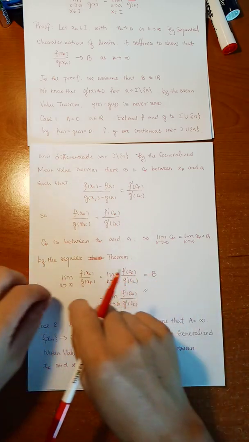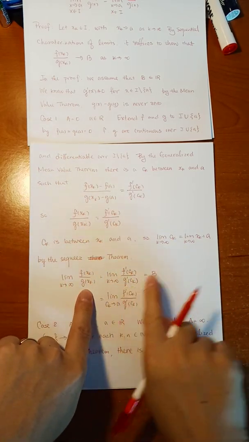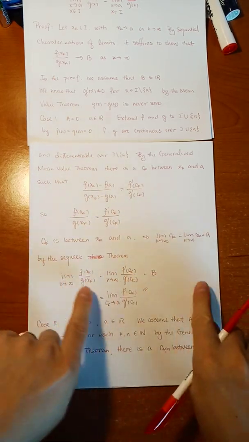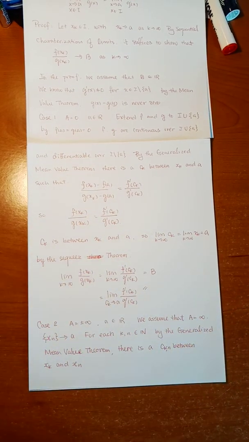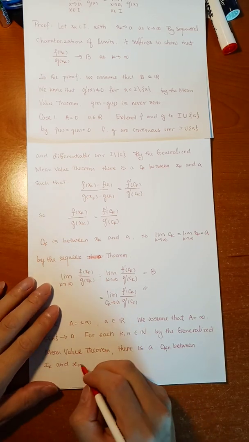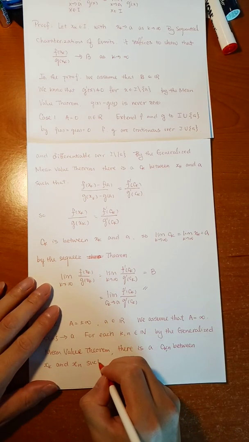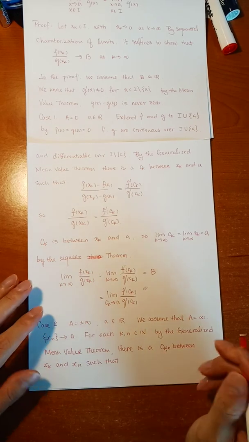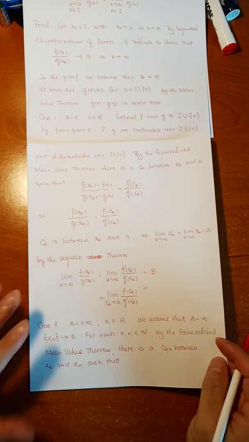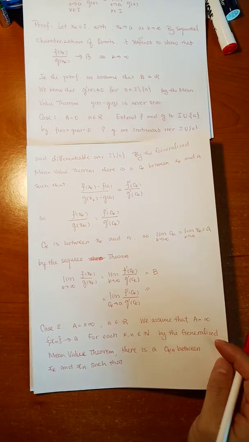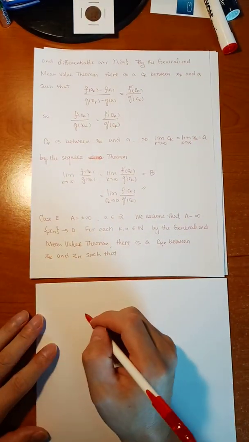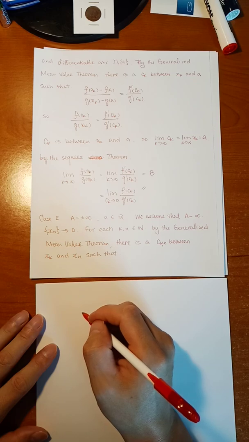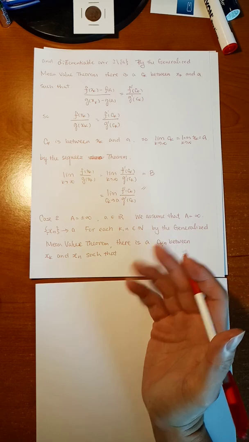So you have a sequence. Every two points, it's not always adjacent. For every pair of two points, you can find a ckn such that we have the following thing. It's a little bit complex. What do we want?